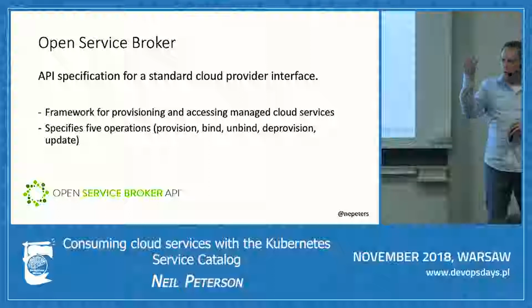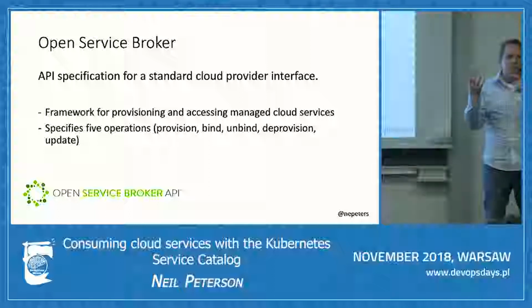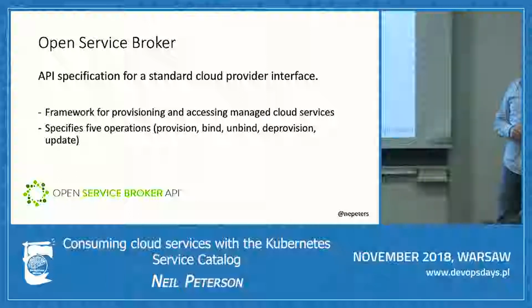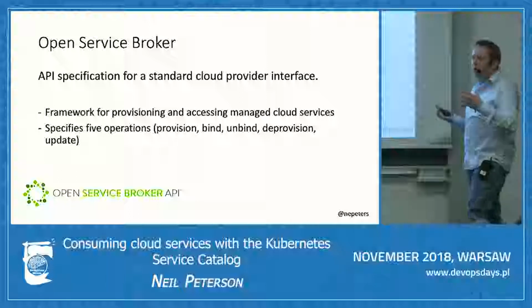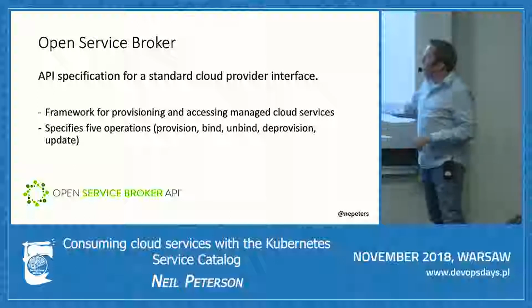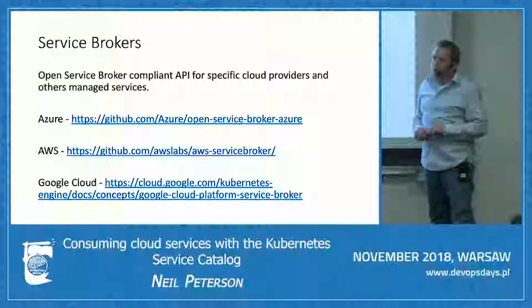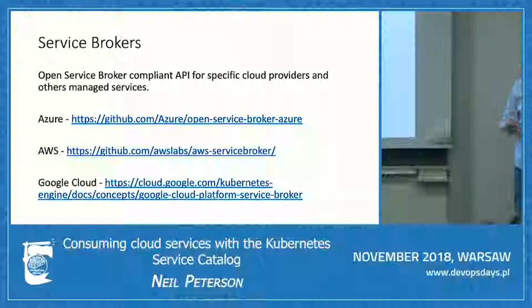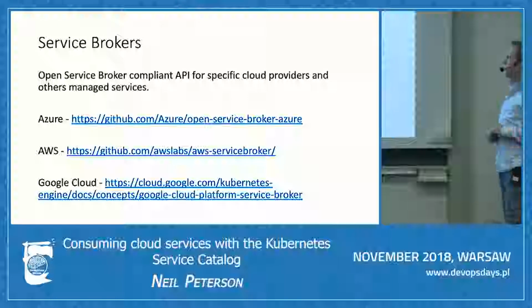So basically what it is that we're writing an API that we can then connect to with any other tool to interface with a cloud provider. So it's just like a connection piece, if you will. And I've got a diagram here in a moment that's going to kind of put all the pieces together. So Open Service Broker, just an API specification for integrating with cloud providers.